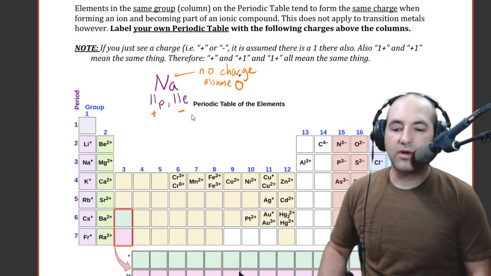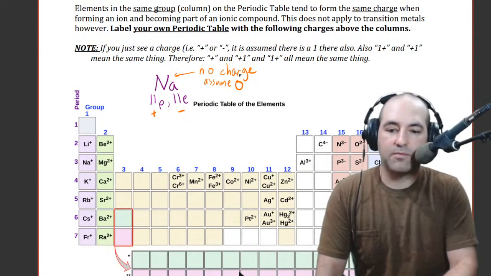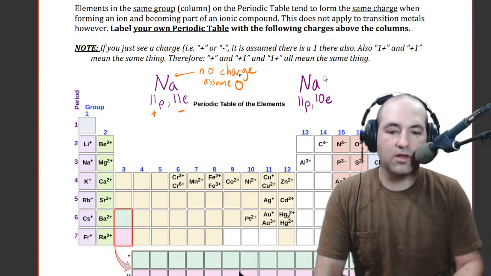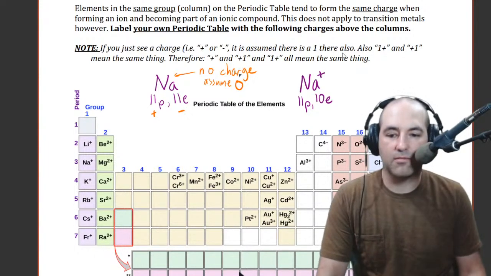Okay. So if that sodium were to lose an electron and instead become Na with 11 protons and 10 electrons, so it's lost an electron. Now we have one fewer electron, and so we're going to call that Na plus, or sodium plus, sodium ion.